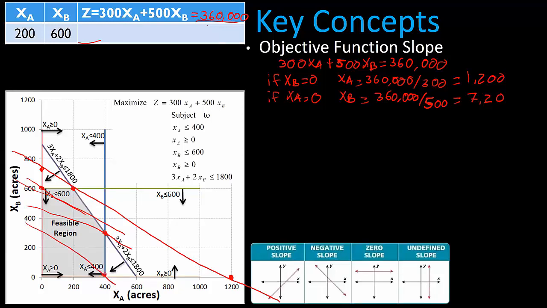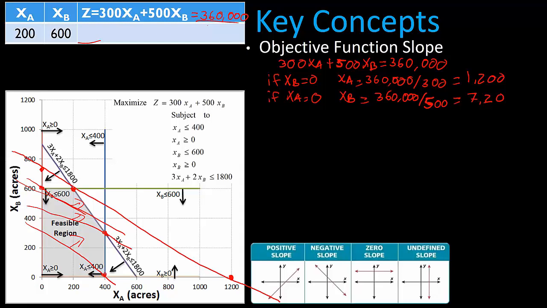So basically we were evaluating this line, and as we were trying to maximize, we were moving it towards that direction. The last point that it actually touched the feasible region was here. That's the first thing: it lets you know that the maximum solutions always happen at those corners. So that's one key concept, and that's why we are always evaluating these corners.